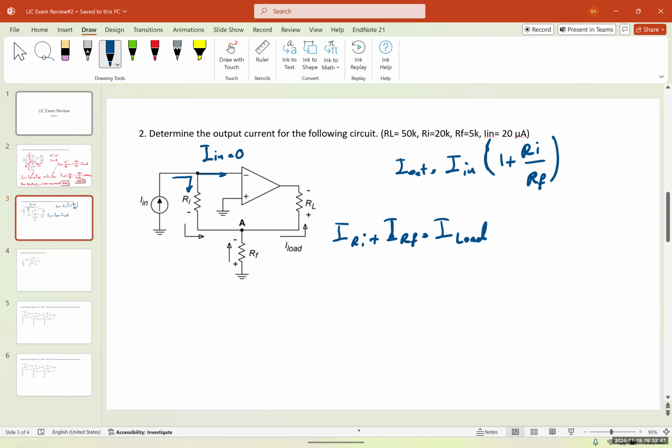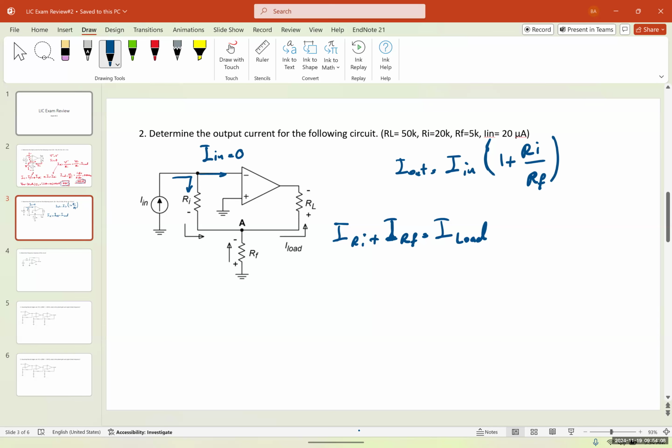I did the proof for this exact problem in the class. And the final equation that we have is I out is going to be IN times 1 plus RI over RF. I don't want to go through the proof again.